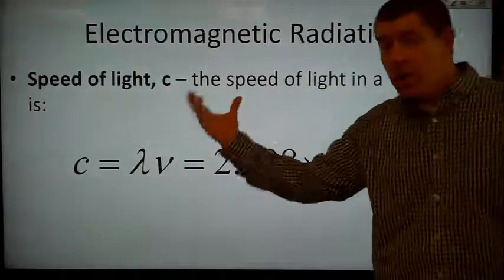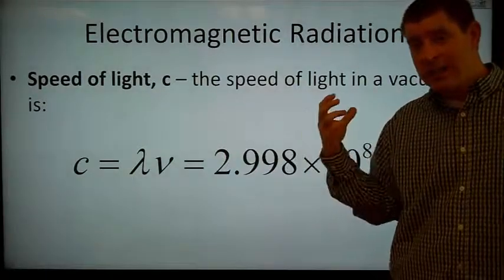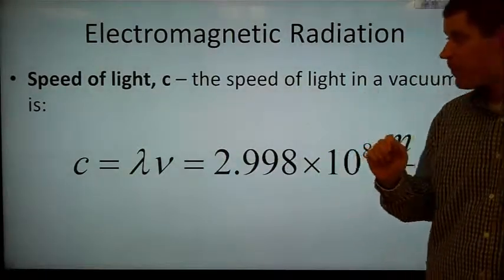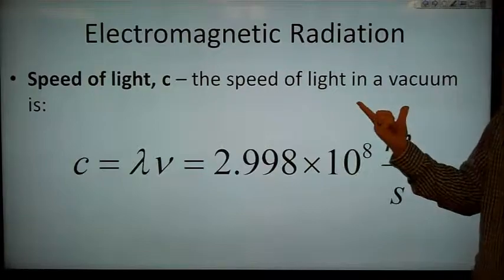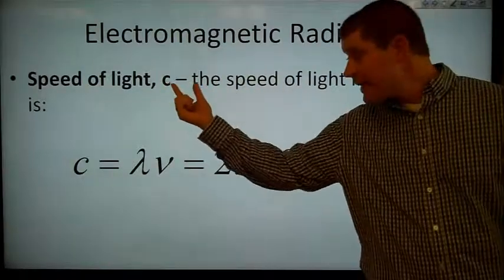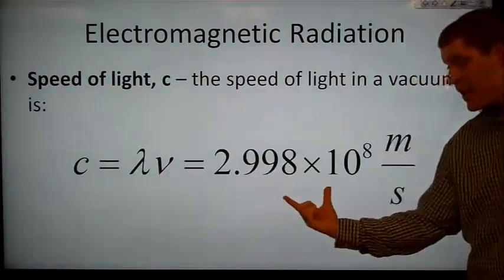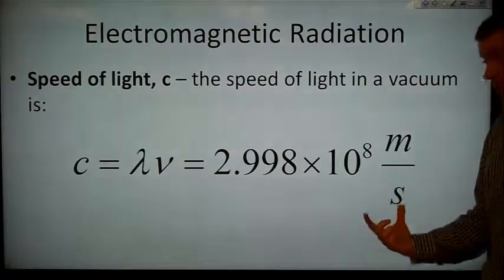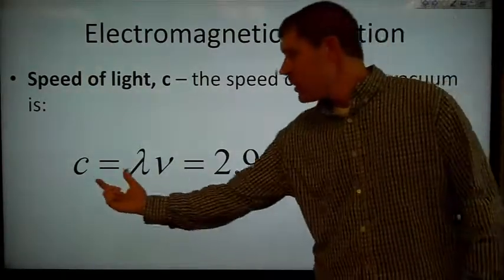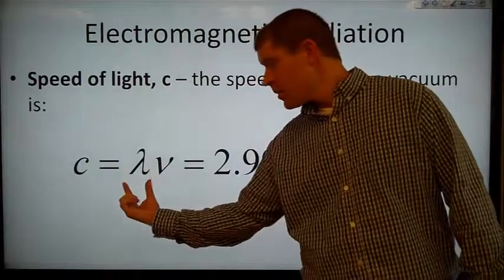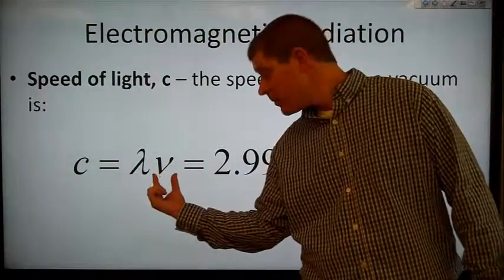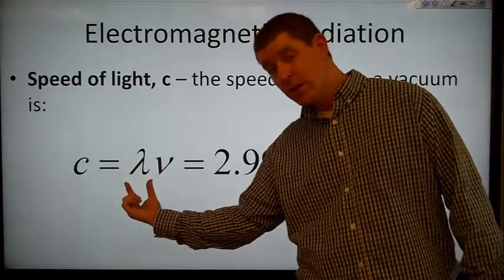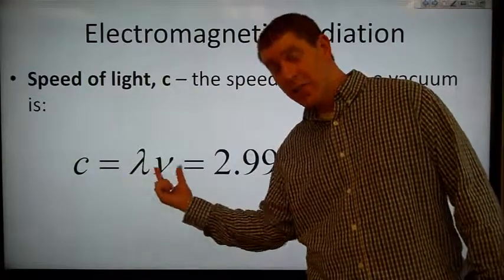Okay. So one other thing about light is that it all travels at exactly the same speed in a vacuum. So the speed of light in a vacuum is symbolized c, and that's 2.998 times 10 to the 8th meters per second. Now, we also know that the speed of light is equal to the frequency, nu, times lambda, the wavelength. Right? c equals lambda nu.